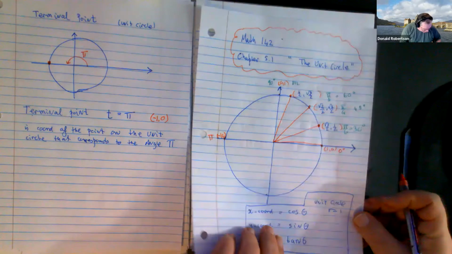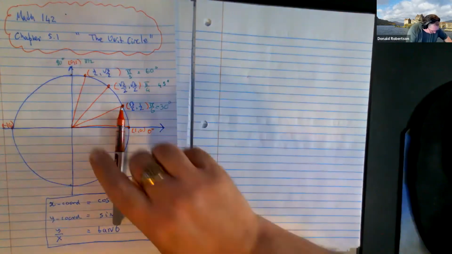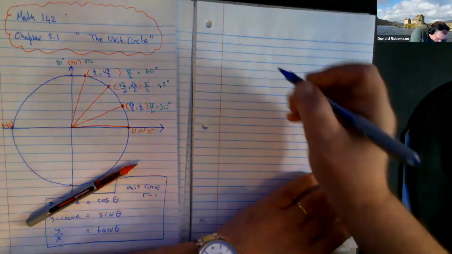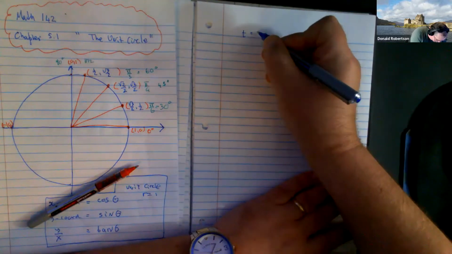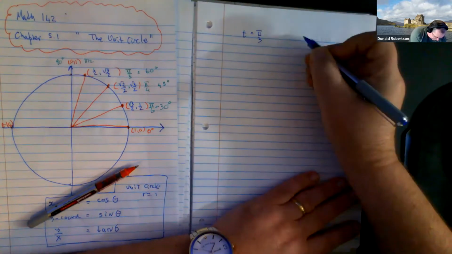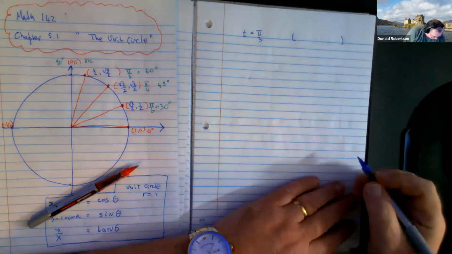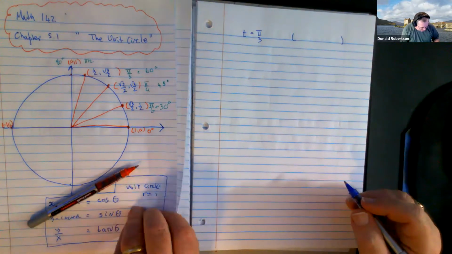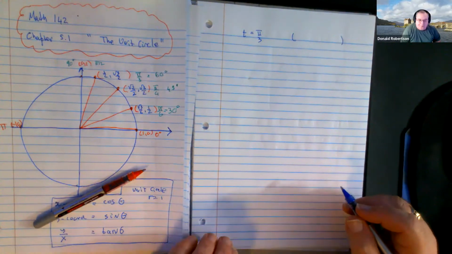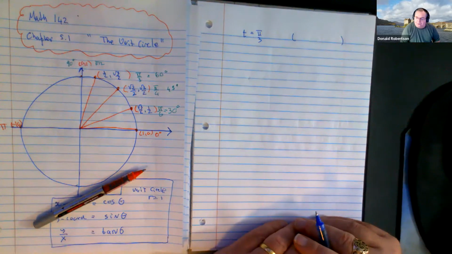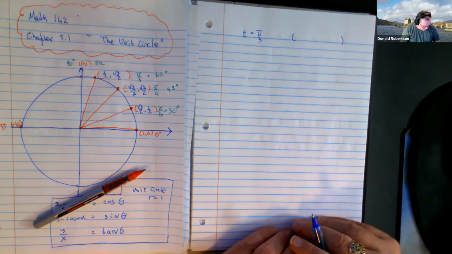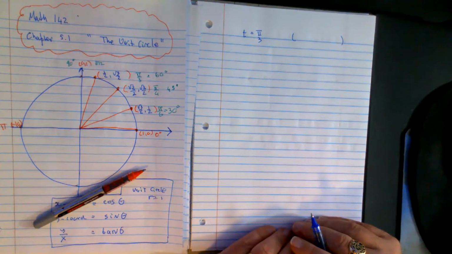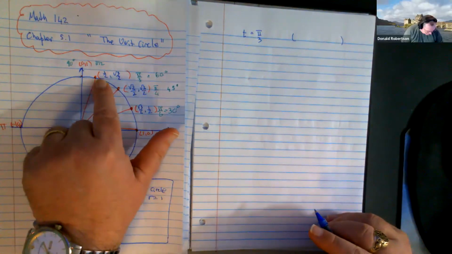So I'm going to pick one on this shape that's easy, then we'll start making them harder. Suppose t is equal to pi upon 3. What are the coordinates of the terminal point for the angle pi upon 3? 1/2, square root 3/2. Would you agree it's this guy here?